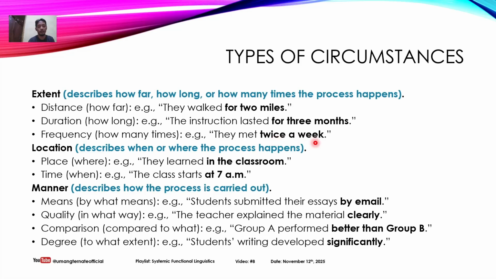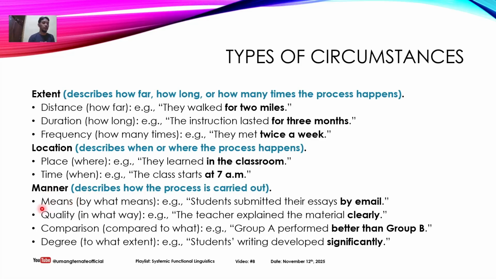This is basically the adverb of frequency, and then location. The circumstance of location describes the time and the place where the process happens. Place answers the question where, and time answers the question when. And manner describes how the process is carried out.